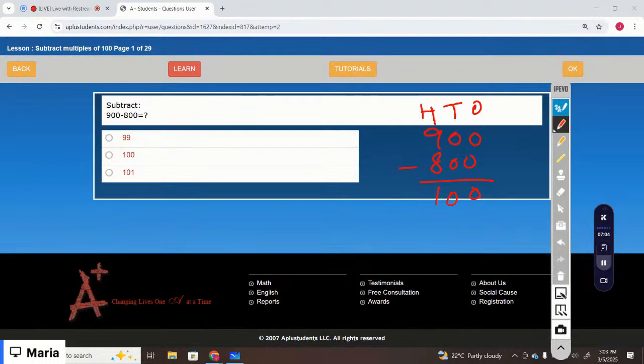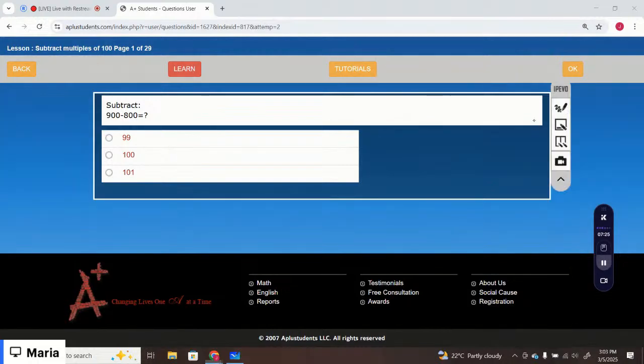So that is 100. Option number 2 is the correct option.